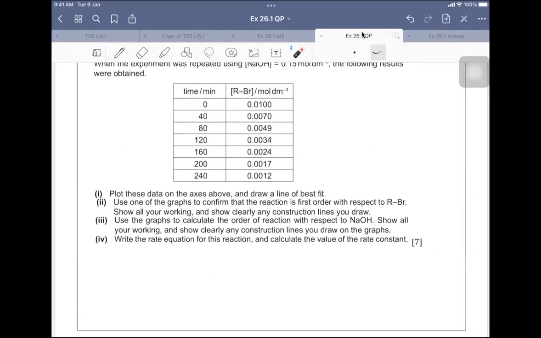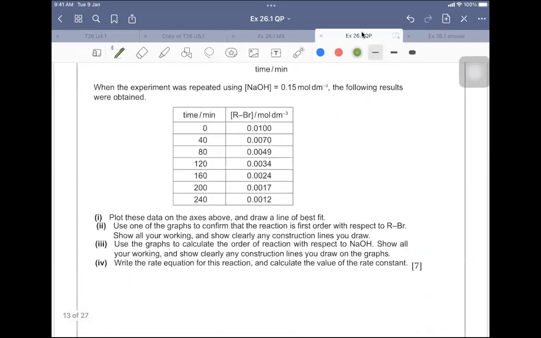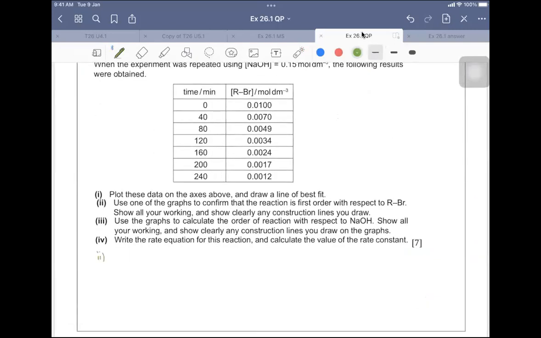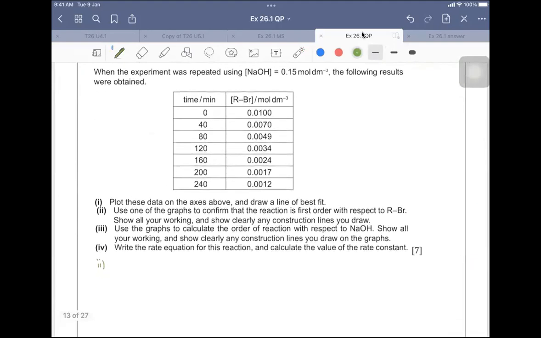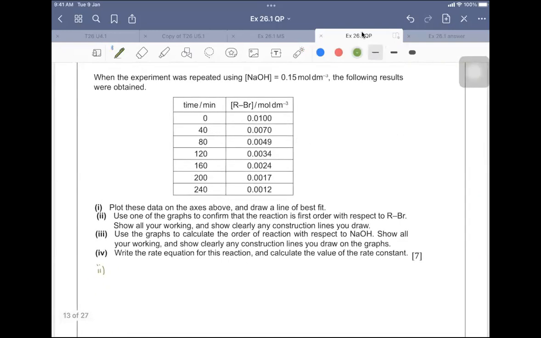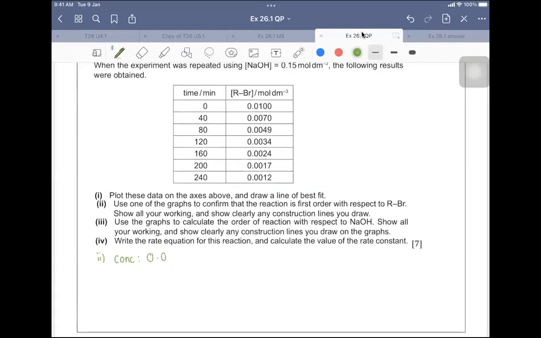So we are going to have space there. Maybe I'll just do it here. If I want to know the order of RBr, I need to know the half-life. So the concentration of RBr is starting from 0.010.